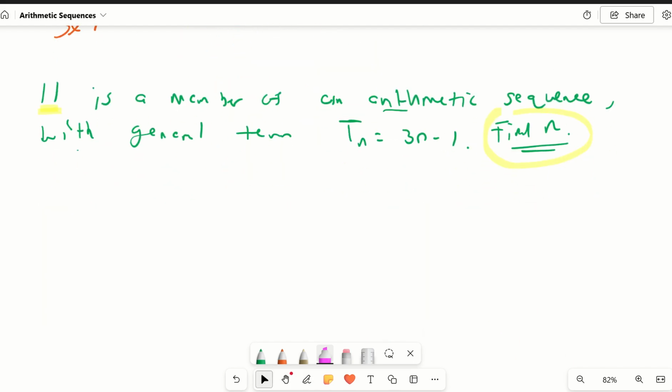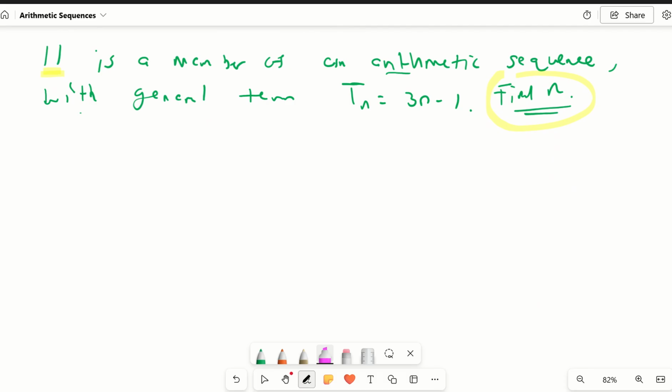Now, I'm giving you an exam style question. The question says 11 is a member of an arithmetic sequence, also known as a linear sequence, with the general term Tn equals 3n minus 1. That is them having simplified the Tn for an arithmetic sequence, having substituted A and D. Find n.